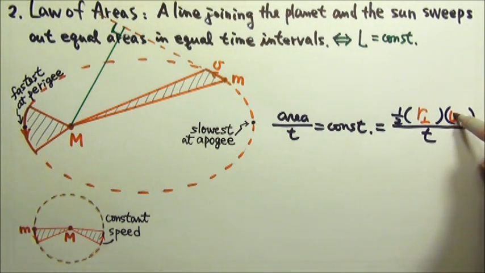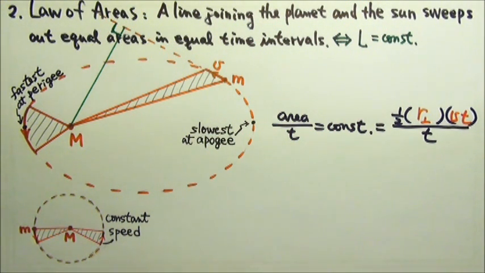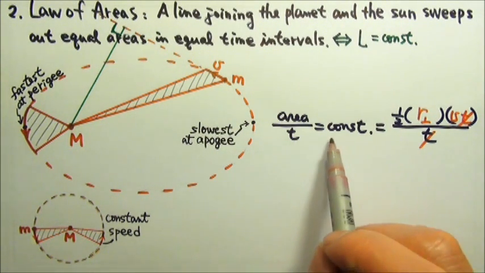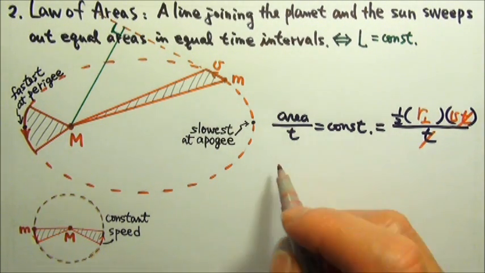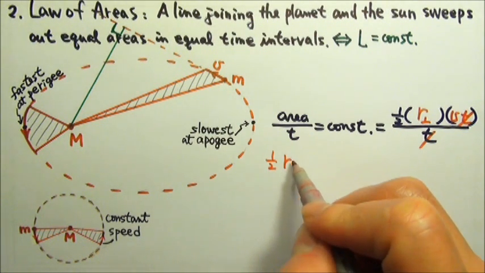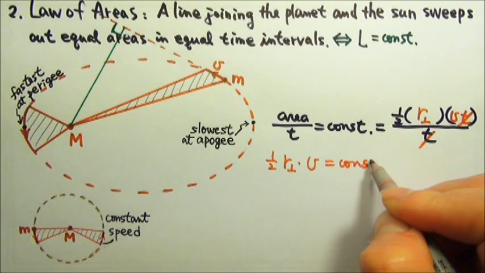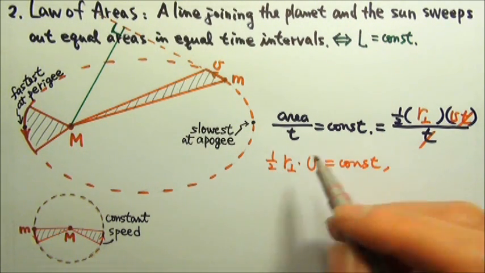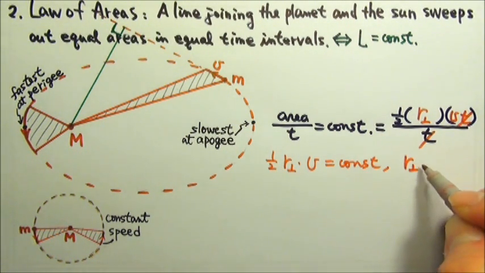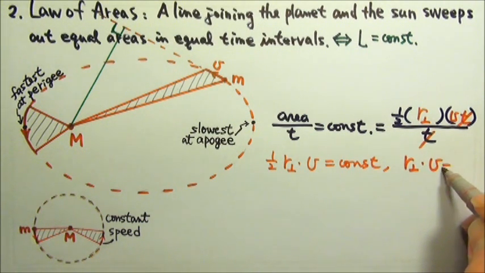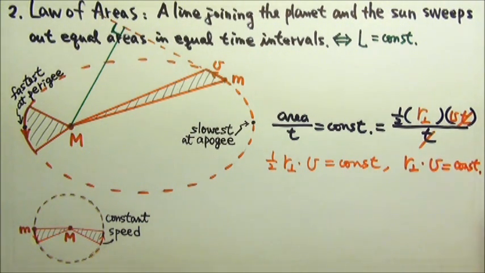So the base of the triangle is v times t. The t's cancel. This being a constant means 1/2 perpendicular r times v is a constant. Since 1/2 is a constant, that means perpendicular r times v is a constant.